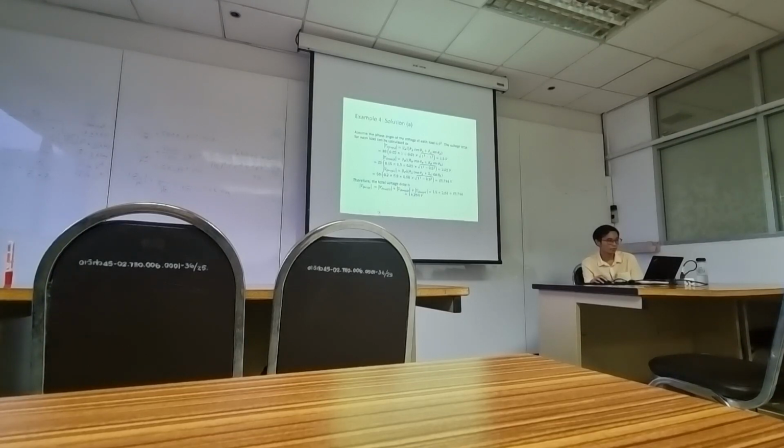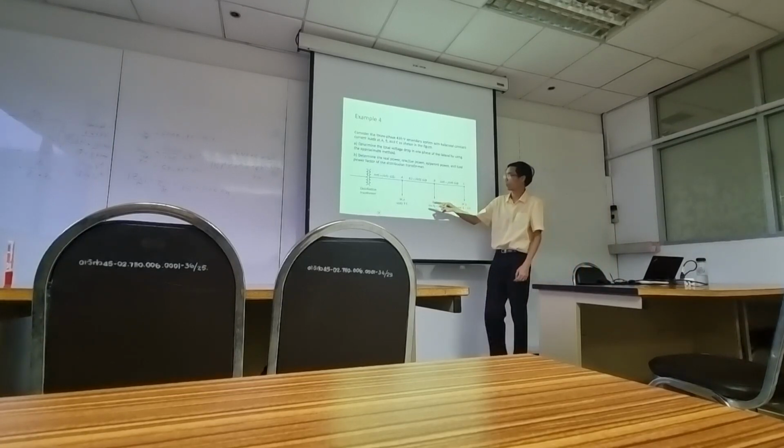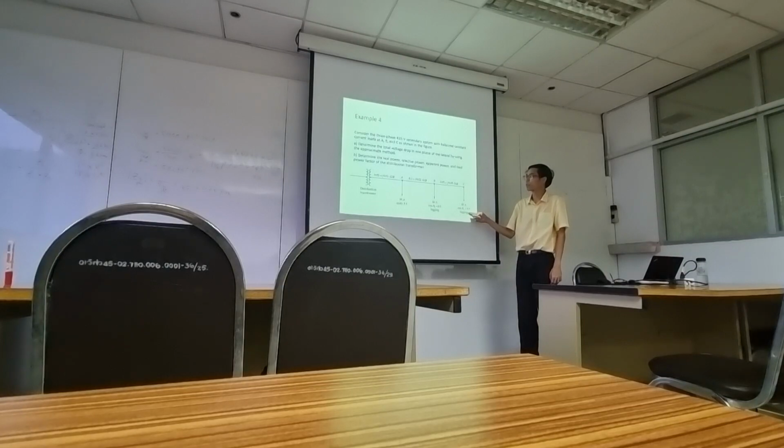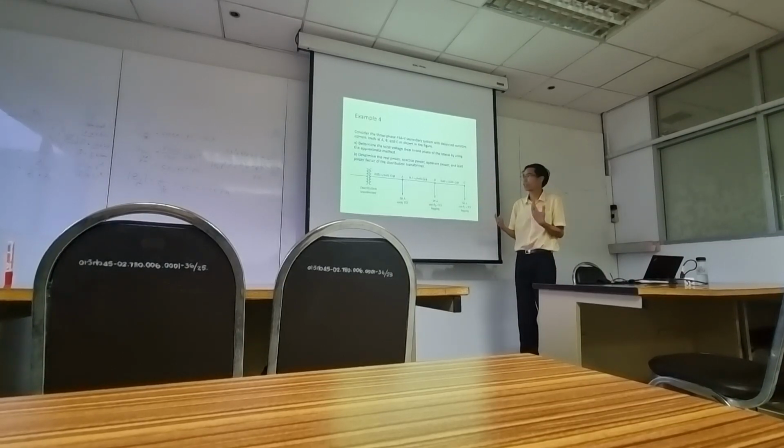This is the voltage drop due to load A, and you also have voltage drop due to load B and due to load C as well. Because we have three loads, A, B, and C, we can use something like superposition.